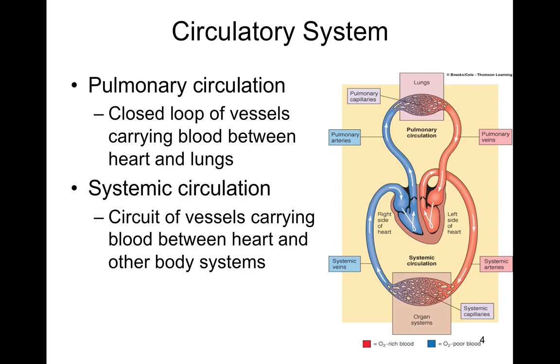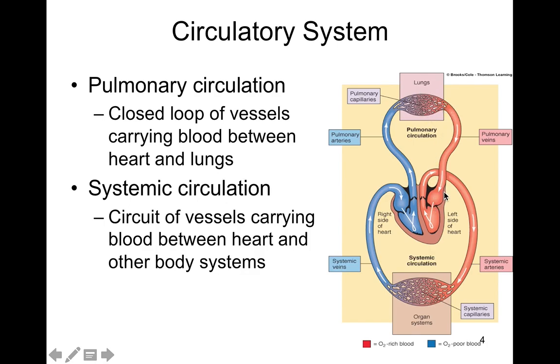The circulatory system is basically divided up into two parts. You have the pulmonary circulation and the systemic circulation. The pulmonary circulation is a closed loop of vessels carrying blood between the heart and the lungs. So obviously deoxygenated blood goes from the heart to the lungs to get oxygen, which makes the blood oxygenated, which then goes back to the heart.